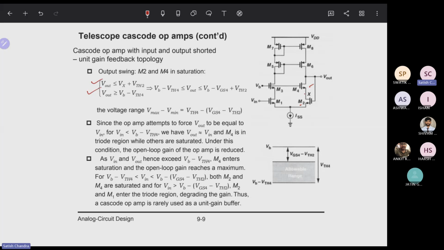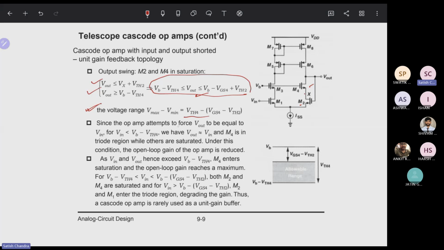X is here. V out should be greater than Vb minus Vth4. All together, if we equate the inequality, we can get this equation. For that case, the voltage range becomes Vth minus Vgs4 minus Vth2.